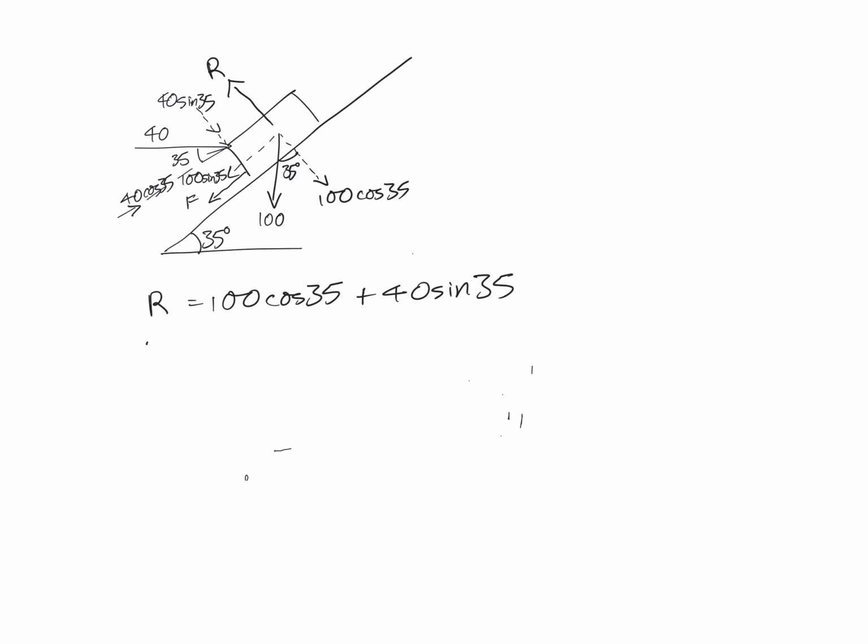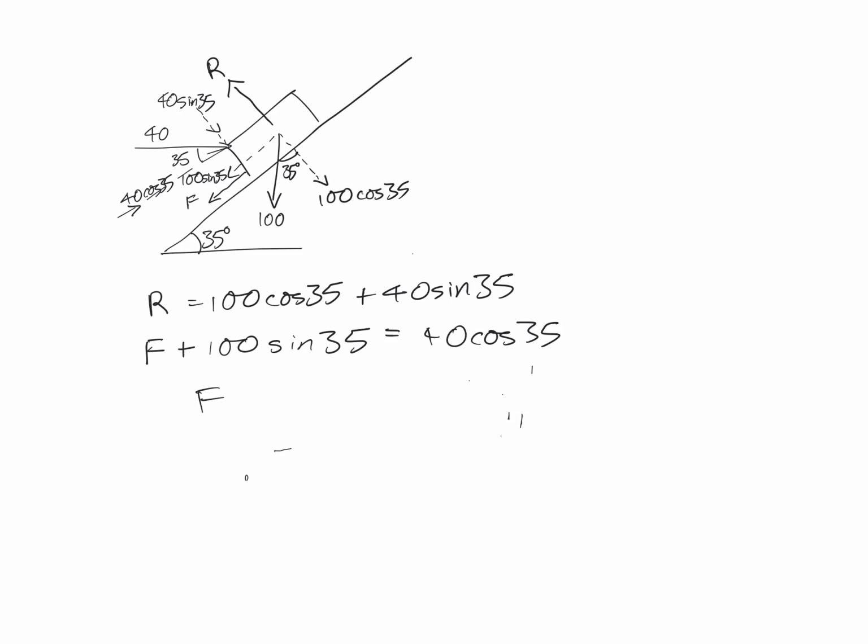But that one we've got F plus 100 sine 35, that's down the slope, equals 40 cos 35.